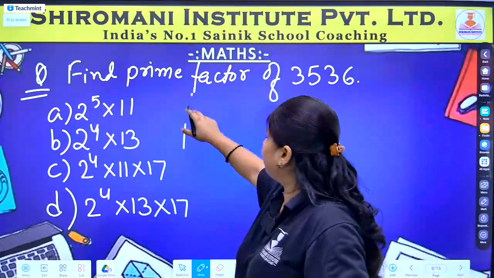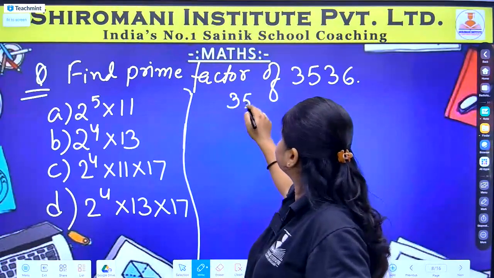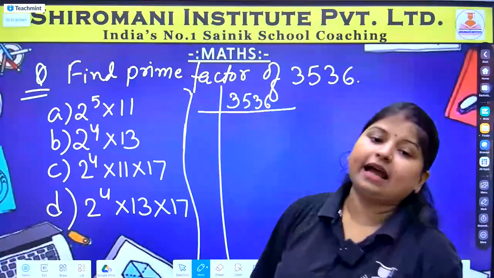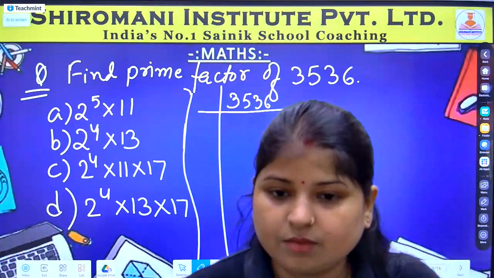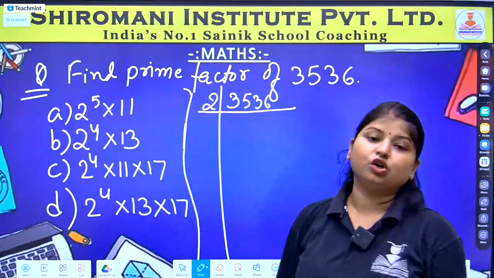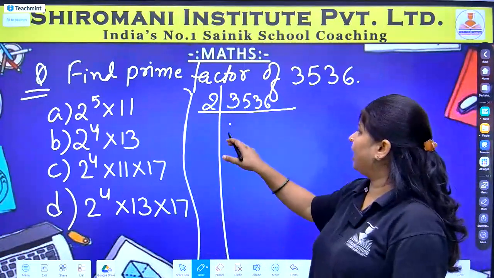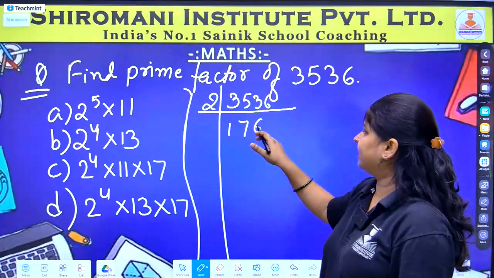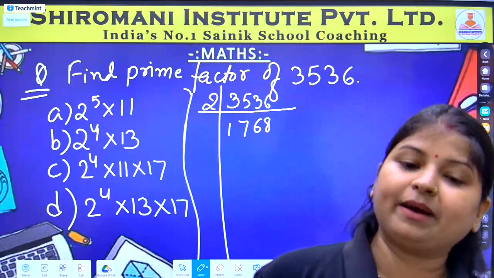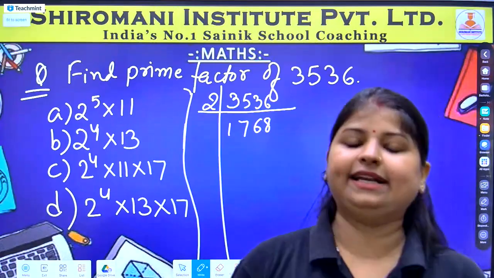Shreyan, beta, turn off your mic if you don't want to ask anything. I have 3, 5, 3, 6, right? Because it is an even number, I shall divide it by 2. So, if I divide it by 2, how much do I get? 3536 divided by 2 is 1768.